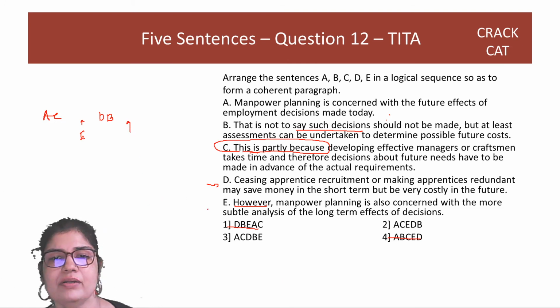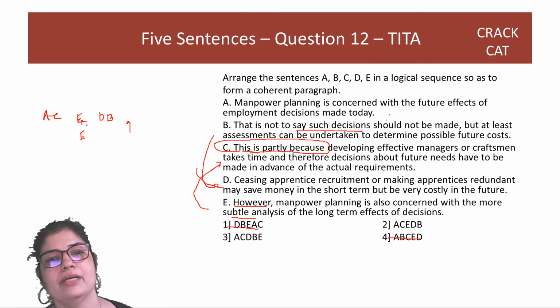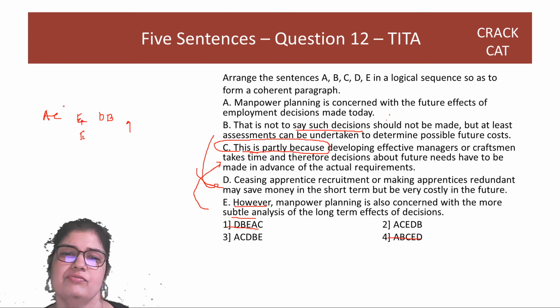So, however, is also concerned with the more. So, you are saying decisions need to be made in advance of the actual requirements, but there is a subtle analysis of the long-term effects. And here you can see that this also talks about future cost and long-term effects. So, E has to come before, and then D and B give an example and explain it further, right?